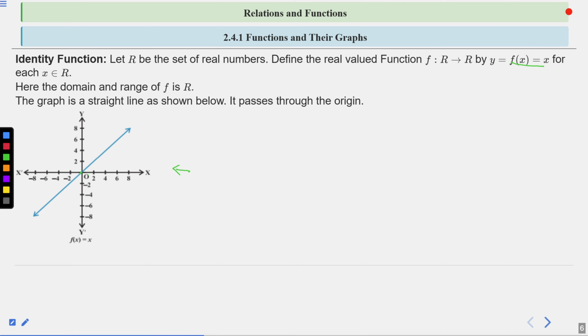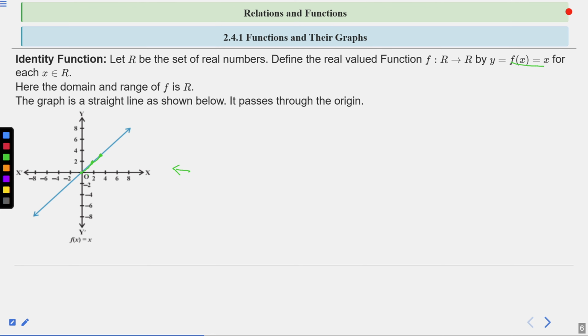So the (2, 2) ordered pair will be here. (4, 4) ordered pair will be here. Clear? Now what you have to do in order to get the complete graph, you just join all the points. You will get this line which passes through the origin as your graph for the identity function. Is it clear?